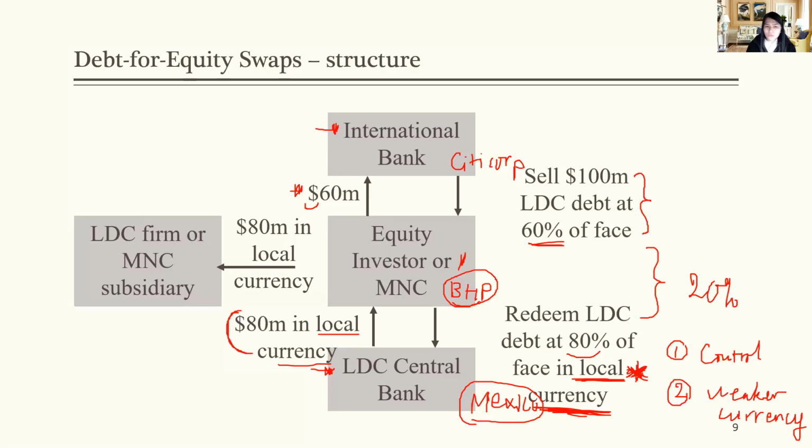So if you want to invest, let's say in Mexico, and you think that by participating in this structure, you get a very attractive opportunity to obtain the local currency and at the same time earn some spread in between, okay? So for this multinational company, this is the benefit for them because it gives them the chance to obtain the local currency to invest, right?